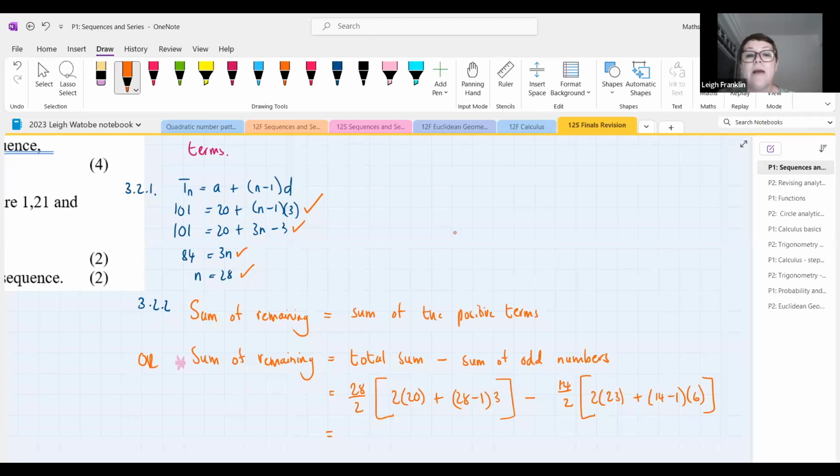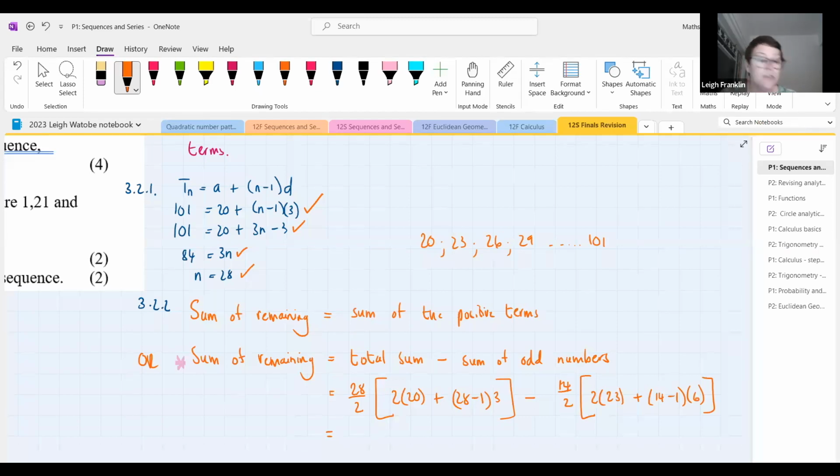So remember, your pattern is going 20, 23, 26, 29, up to 101. We want the sum of the remaining numbers if all the odd numbers are removed. So that is the sum of the positive terms, or the total sum minus the sum of the odd numbers in that sequence.